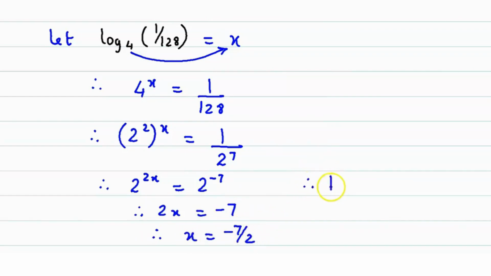So therefore we could say log of 1 by 128 to the base 4 is -7 by 2.